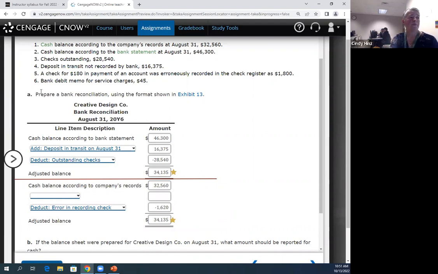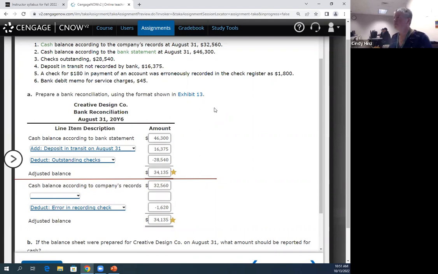What else are we told? The bank charged us $45 for service charges. That's what they mean by a debit memo. They took $45 out of our account to pay for something. I don't know what it was. Something that we agreed with the bank. Maybe we've got new checks. I don't know.